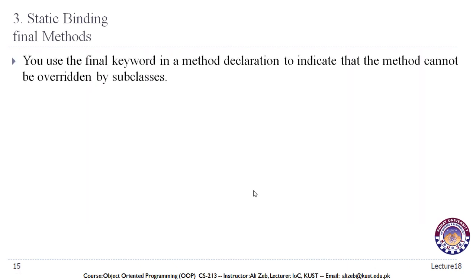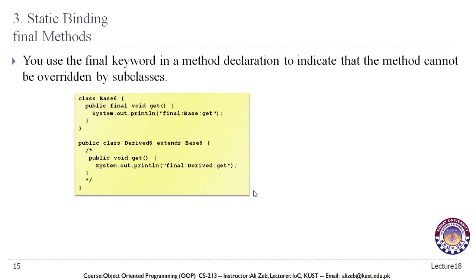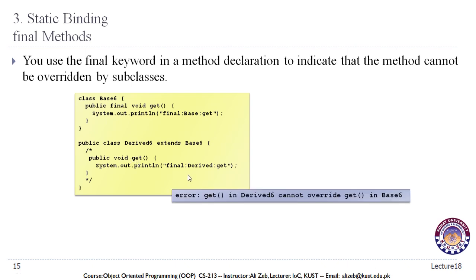Final methods. You use the final keyword in a method declaration to indicate that the method cannot be overridden by the subclasses. So for example, if we do not want to allow a subclass to override the method of the superclass, we can declare that method as final. Again, in our example, here we have the final method void get, and if we try to override that method in our subclass, we will get a compilation error.